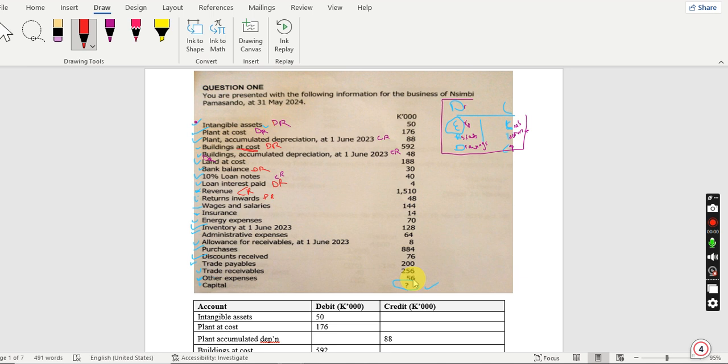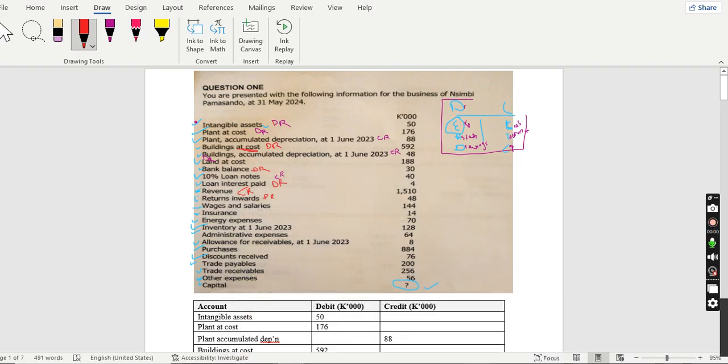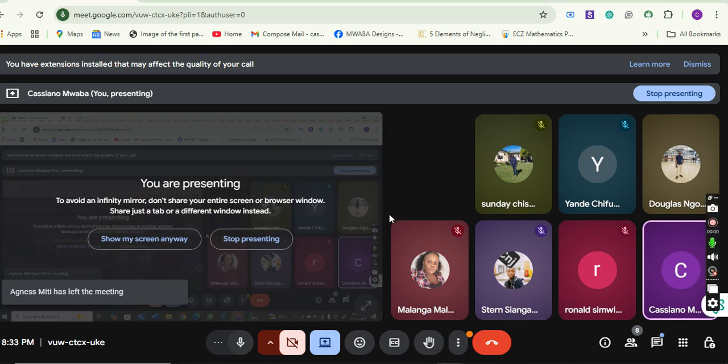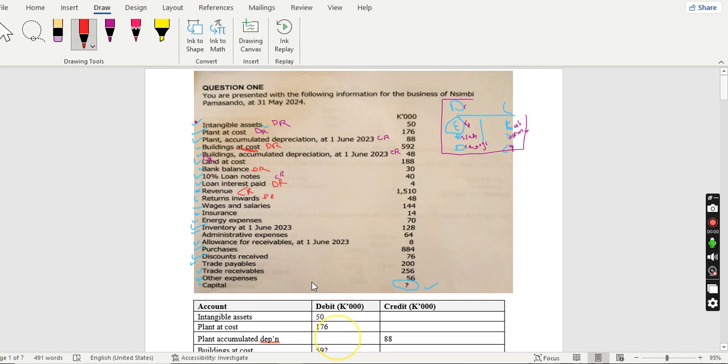When a customer comes and says, I want a refund, and a lot of business owners don't like that, okay? Refunds, because they've already made the money, then you're giving them back the money. So it means your revenue reduces, okay? So you debit return inwards.